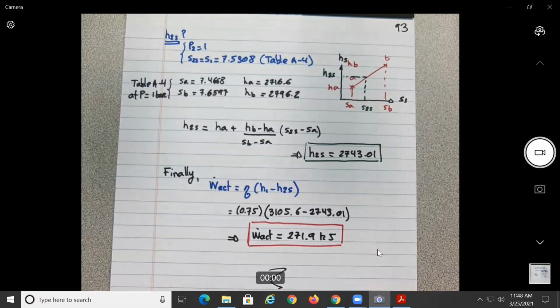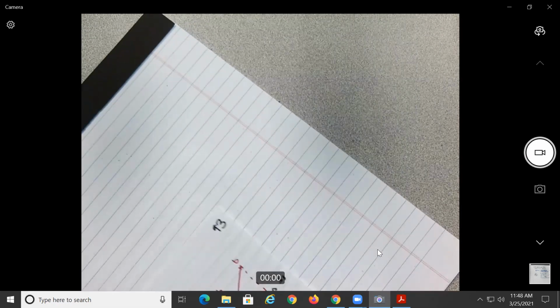Okay, so you see, this is the extra work that you're going to have to do with the present problems. All right. So that's the efficiency for the turbine. Now let's look at what would be the efficiency of a compressor.